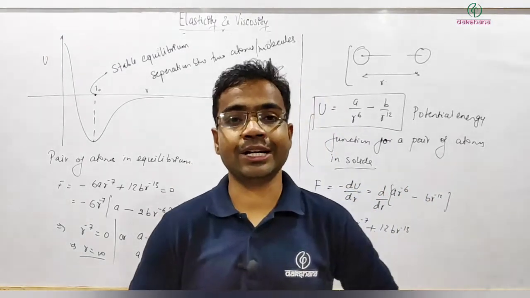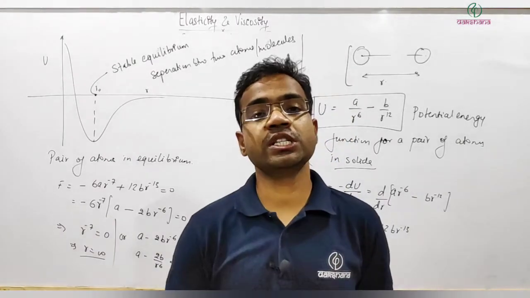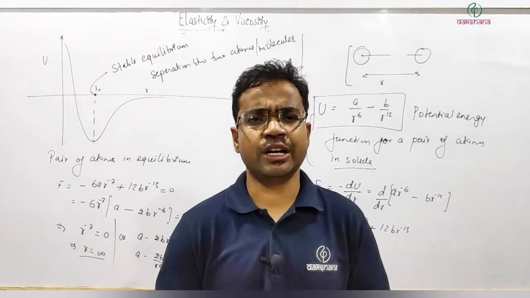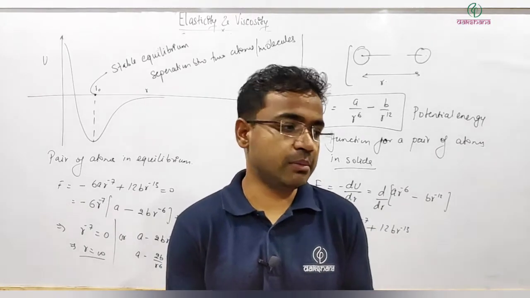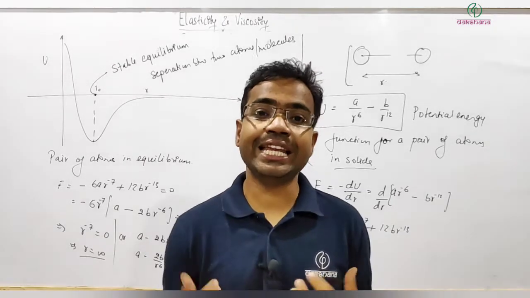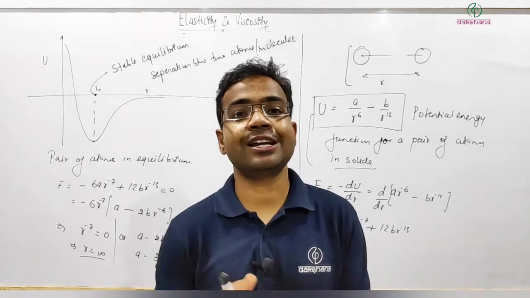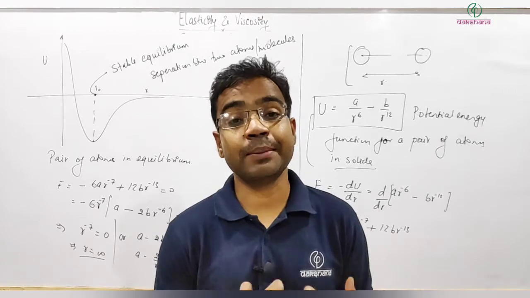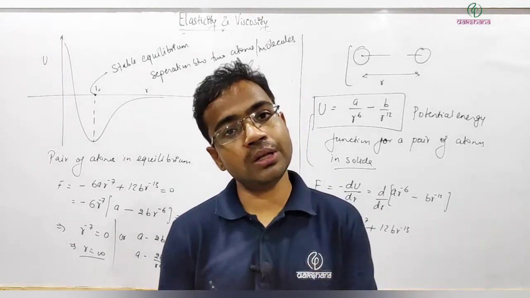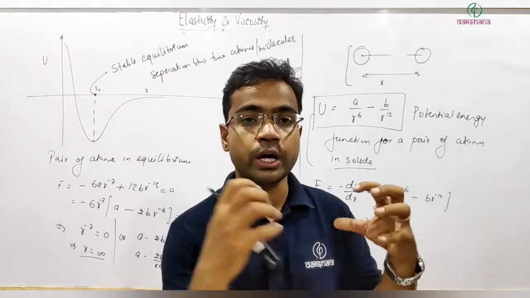Now what happens when we are using solids for different purposes, maybe as construction material, or making some objects which are useful, then they go through some stress, some force, some tension, something like that. Ultimately, all those things get transferred to the atoms.